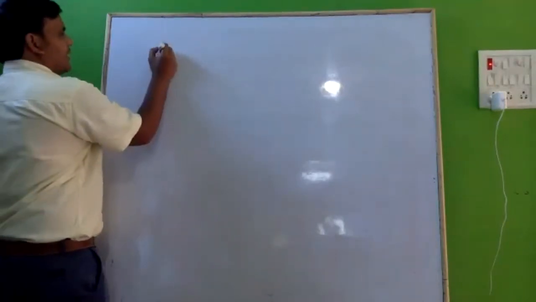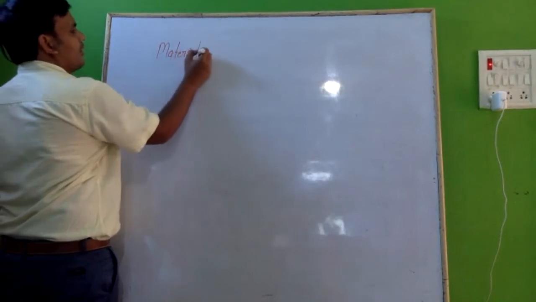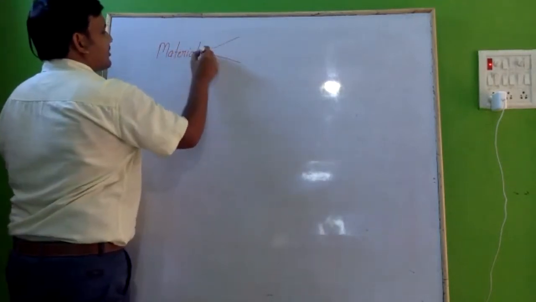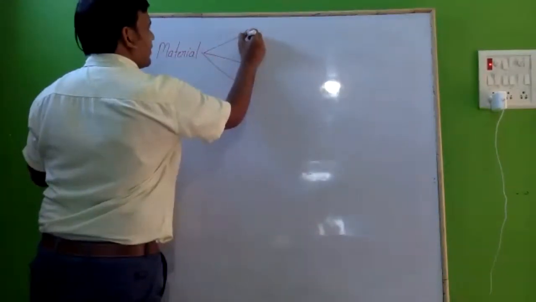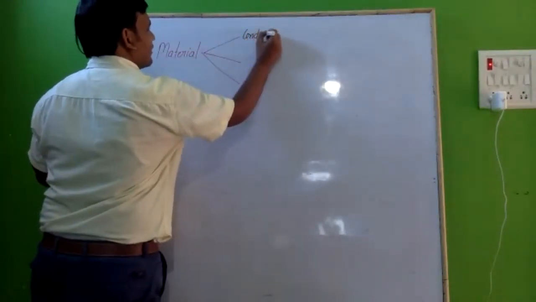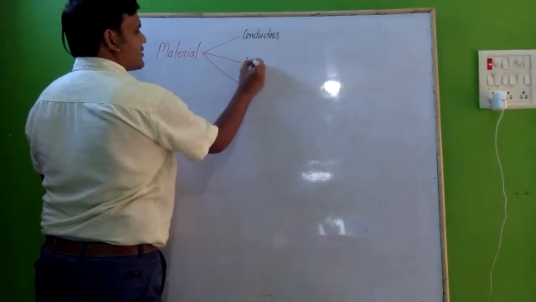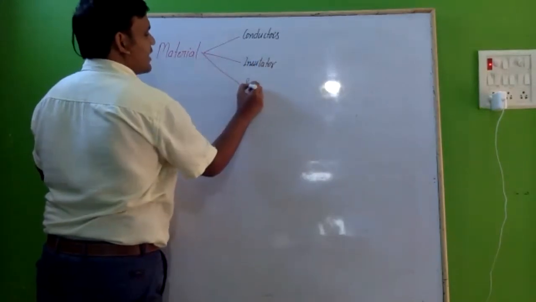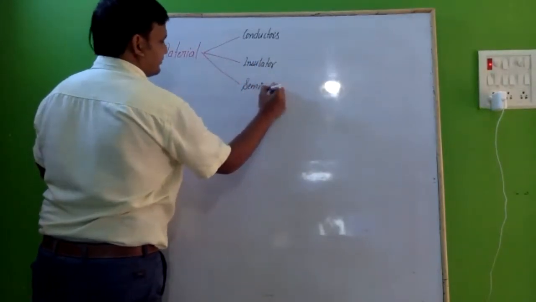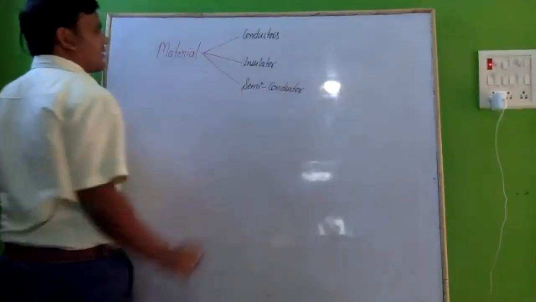So material is divided in three parts on the basis of resistivity. What are they? These are conductors, insulators, and semiconductors. So what are conductors?